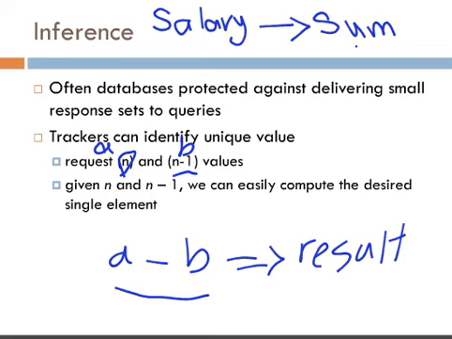There can be some policies and limitations which don't allow users to run certain queries one after another. Because the database management system knows that if some kinds of queries run one after another, then you may derive some certain values.